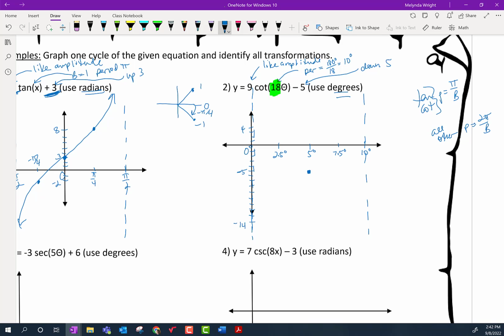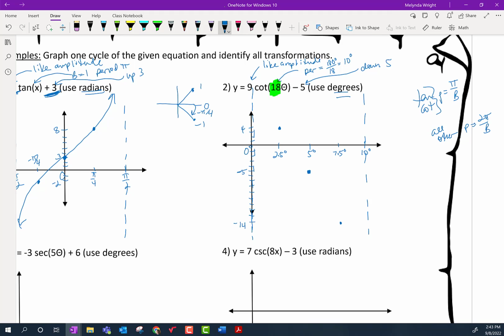Now I just have to decide or remember if this is tangent or cotangent. Okay, if it was tangent, I would start down and end up, but it's cotangent, so I start up and end down. And the points are going to be at the x values that we found and the y values that we found.